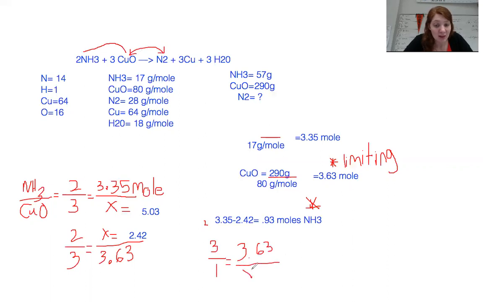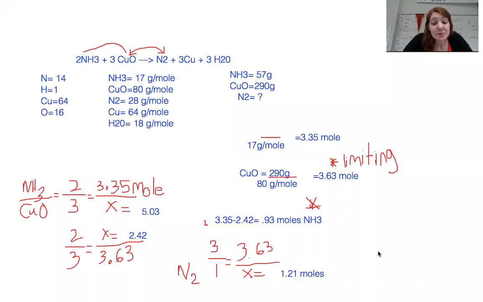And then we're putting it over X. We're trying to figure out how many moles of nitrogen. Remember, this is nitrogen down here. Okay, and when you do that math, you should get 1.21, and that's moles of nitrogen.